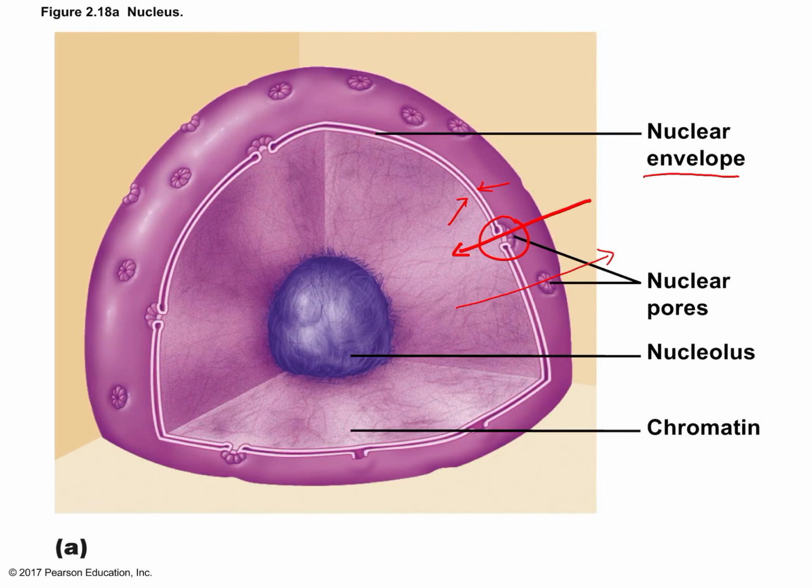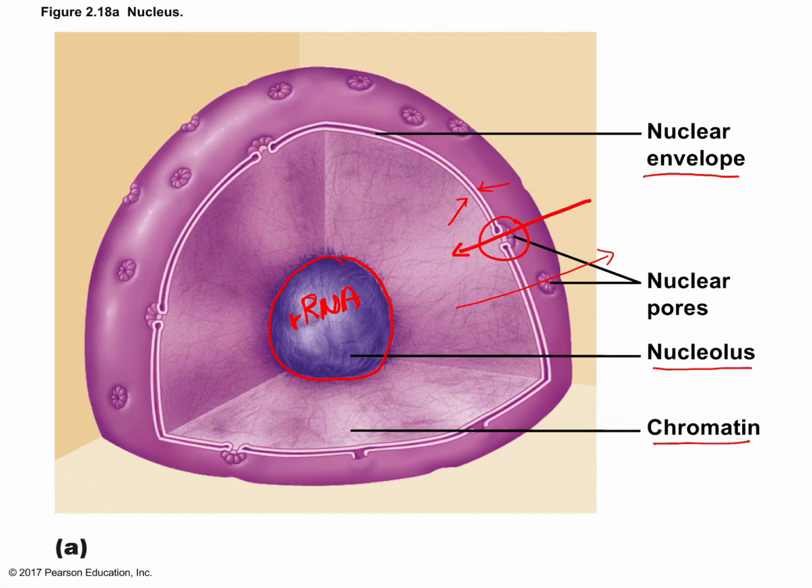RNA molecules need to move out, again, for translation. So that's what the pores are for. The nucleolus is a dark staining, dense region within the nucleus that creates ribosomal RNA. So this has a function to make ribosomal RNA.